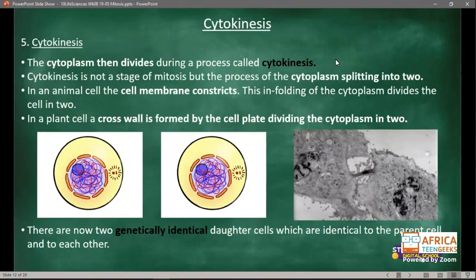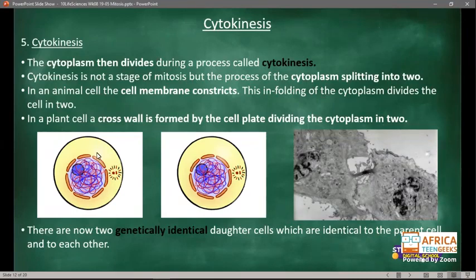The cytoplasm divides and splits into two. In an animal cell, the cell membrane constricts. Folding of the cytoplasm divides the cell into two.